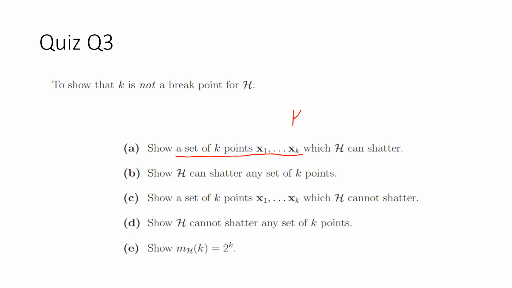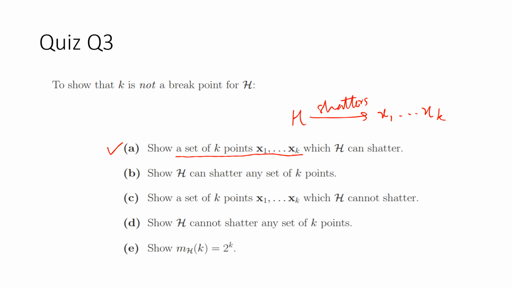So H shatters a data set, which could be a certain set of points x1, x2, and so on up to xk. If this is possible, then I've shown that H can implement this dichotomy for a given data set of size k, and so k is definitely not a breakpoint. So I think A has to be the correct answer for this one. Let's keep looking because we might find some extra information.